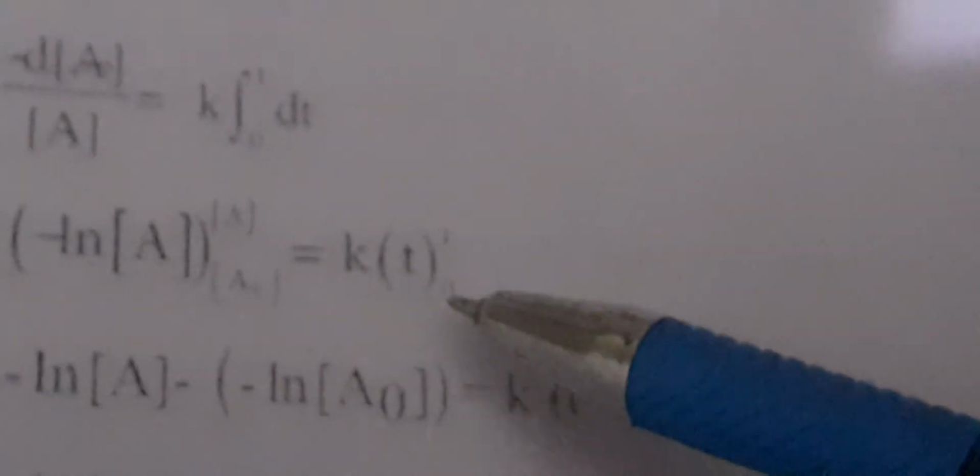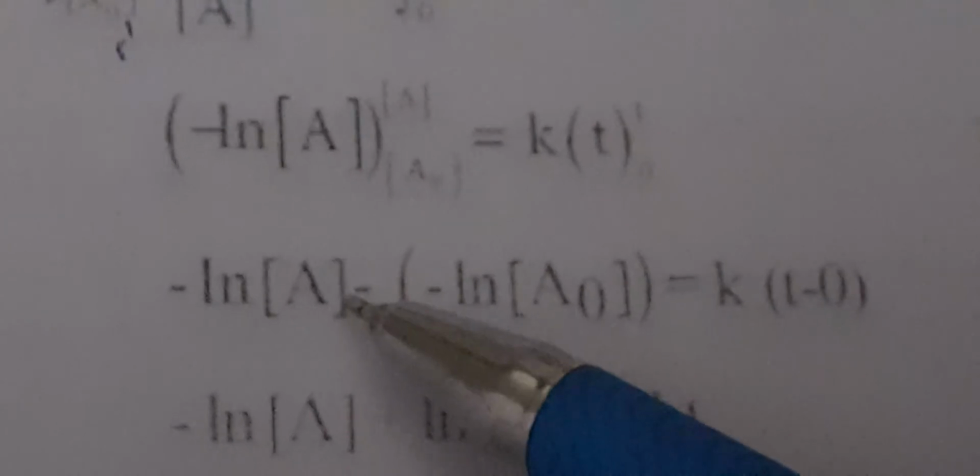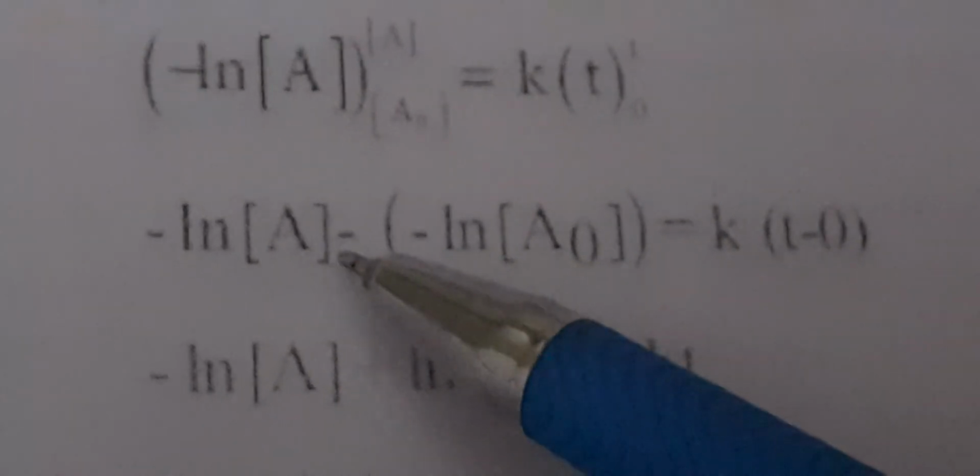So minus ln of concentration A, the lower limit is A0 and the upper limit is A, that is equal to constant K into T. The lower limit of time is 0 and the upper limit is T. Now expand this expression, first write the upper limit, because the upper limit has the maximum value.